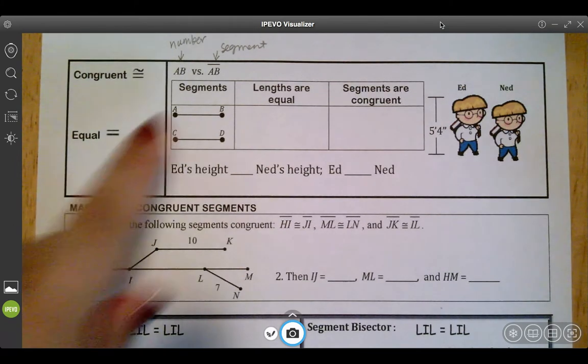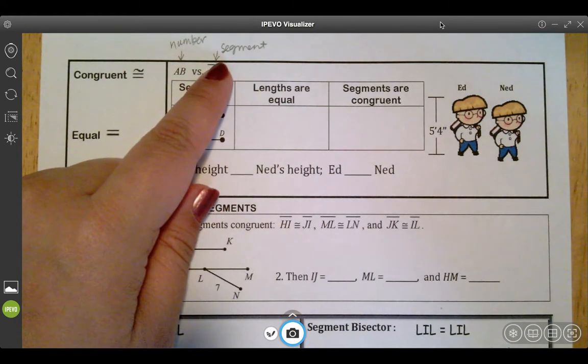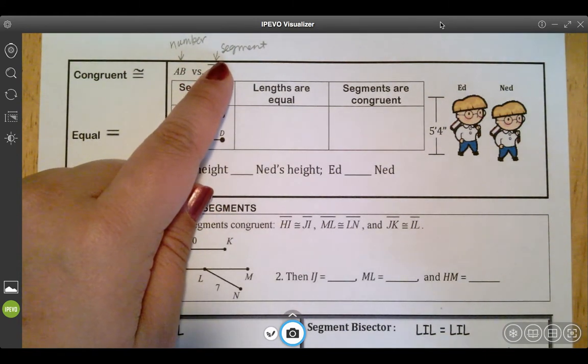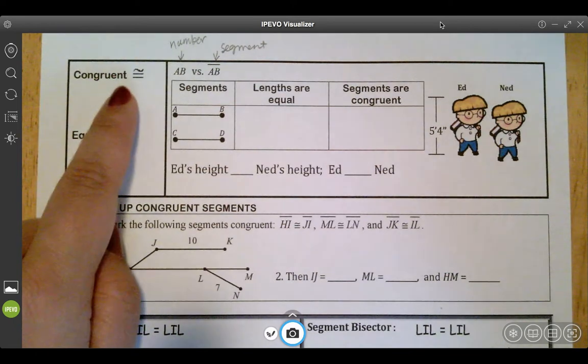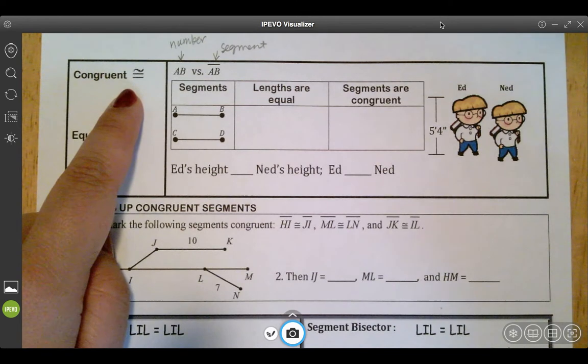We know that we can set numbers equal to each other, but can we set segments equal to each other? No, not exactly, because segments are not numbers. So instead, we have a new symbol, the congruency symbol, that states that these are not numbers, but they are shapes that match, okay?